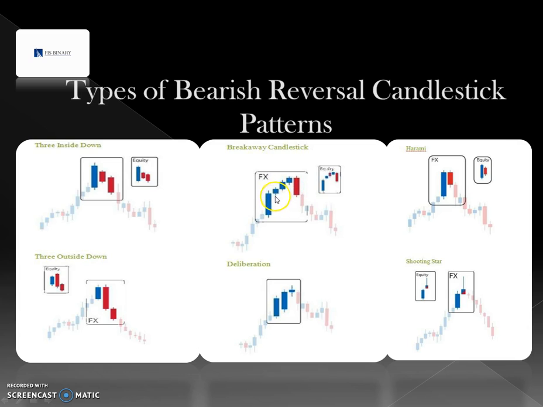It does not close at the same price as the first bullish candlestick, and it does not close within the body of the first bullish candlestick. So when this pattern forms, it indicates that a breakaway is about to take place and an existing upward trend is about to pause and a downward trend is about to begin. So you take your trade immediately this bearish candlestick closes.